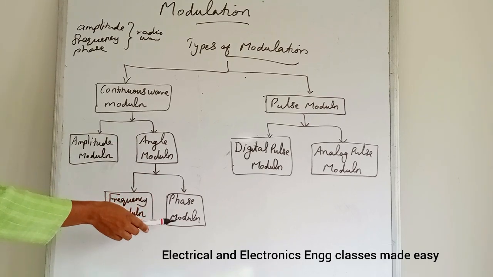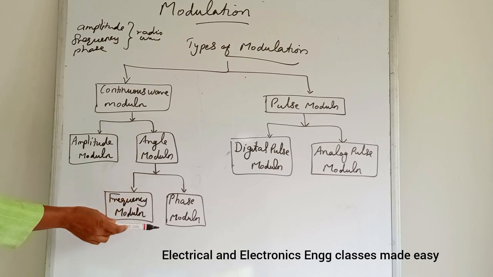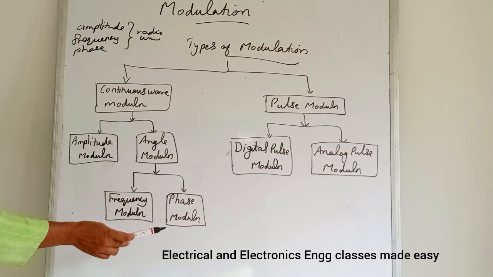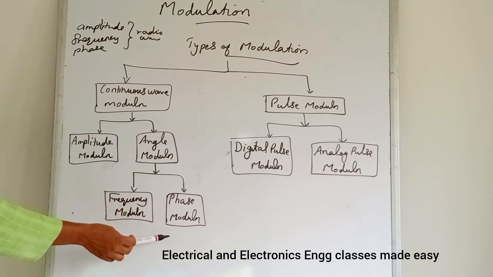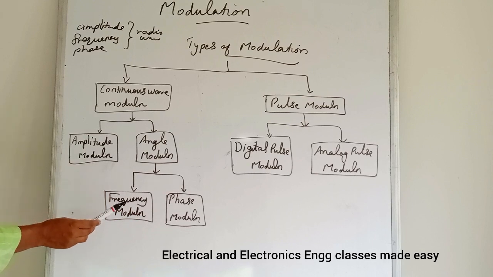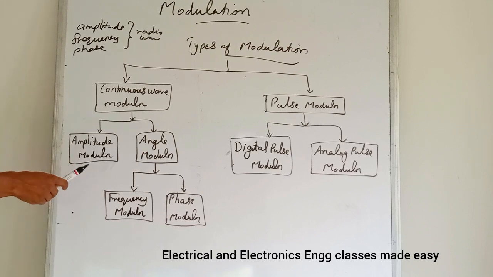Then in phase modulation, the phase of the carrier signal is varied in accordance with the instantaneous value of the modulating signal, keeping the frequency and amplitude constant. So let us study about the amplitude modulation in detail.